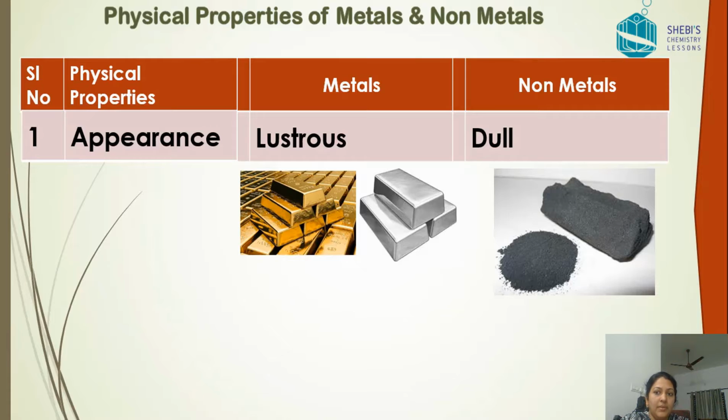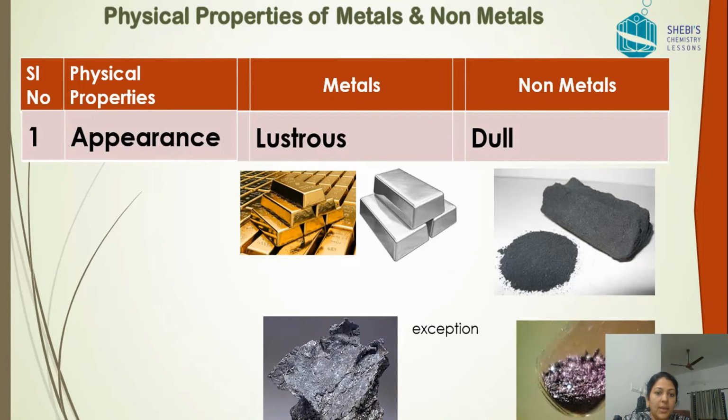While carbon, see here in the picture, is a non-metal which is dull in nature. In all cases, exceptional cases will also be there. For example, lead is a metal which is non-lustrous in nature, while iodine is a non-metal, here you can see, which is very shiny in nature.